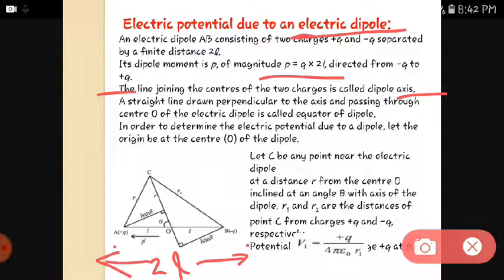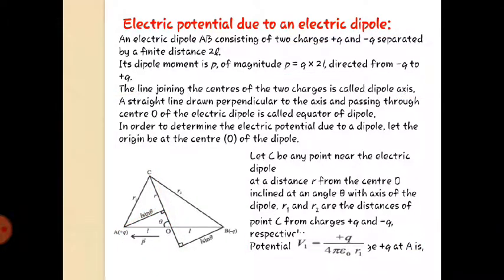Then a straight line drawn perpendicular to the axis and passing through the center is called the equator of the dipole.